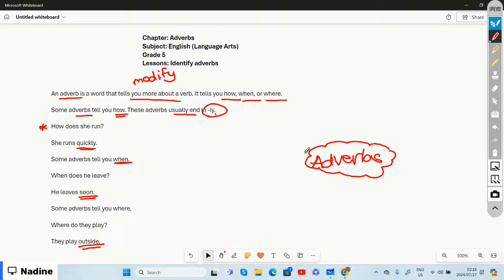That tells us more about verbs, right? So maybe we can say an adverb is, let's think of the word sadly. Sadly, I'm sadly writing this letter. I'm quickly doing something.